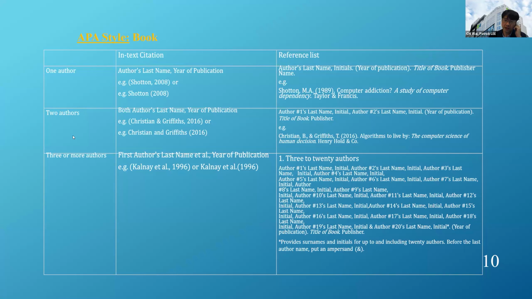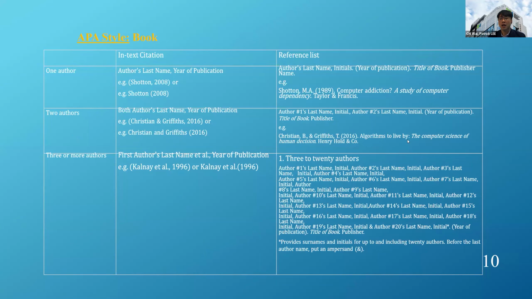But how about if there are two authors? All right, so I think it is the same idea. Can you see in the box here, the second row? For example, Christian and the other author, name and name. All right, both. Then when you cite in a reference list, you also follow the first author, Christian, right? And then B, and then the graphic, and then 2016.